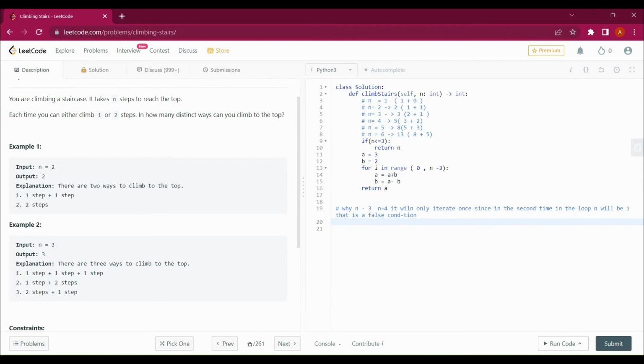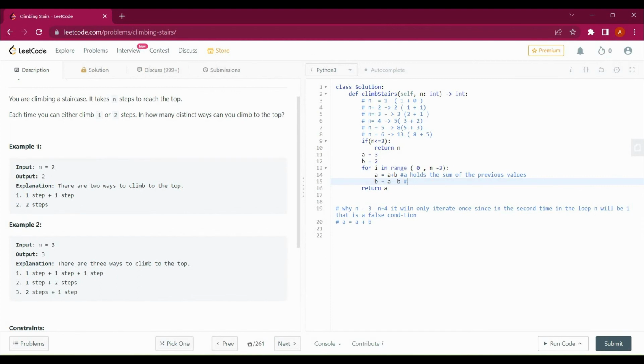Now if we talk about why we have taken a is equal to a plus b. Why a plus b? Because a holds the sum of the previous values.